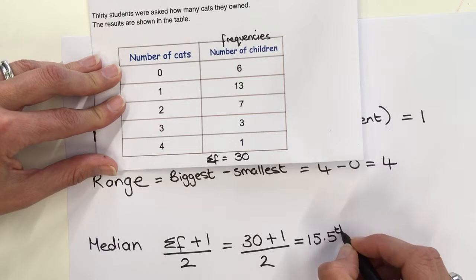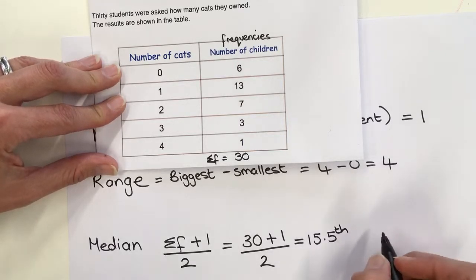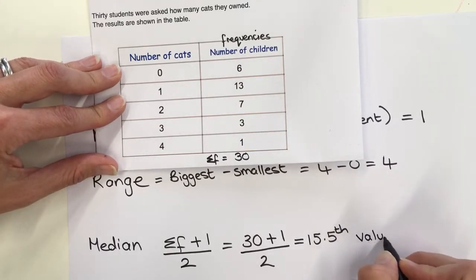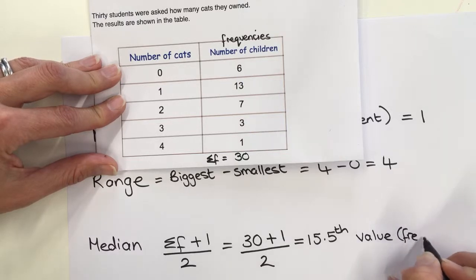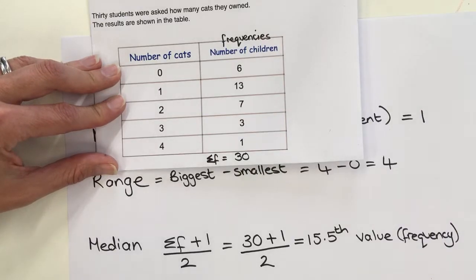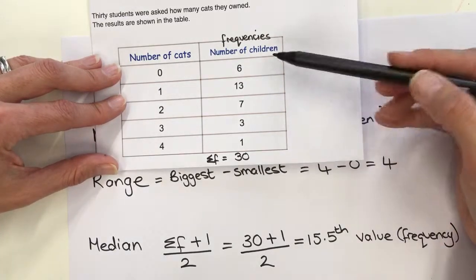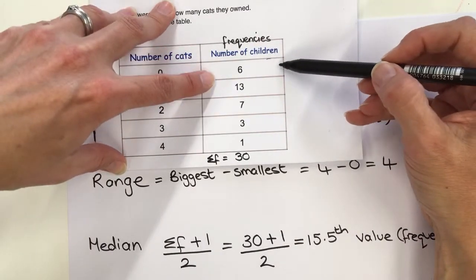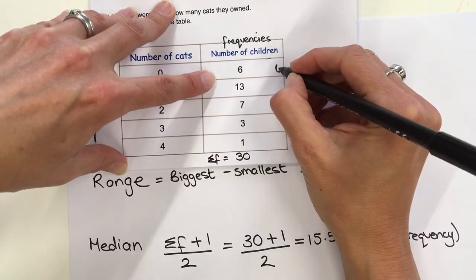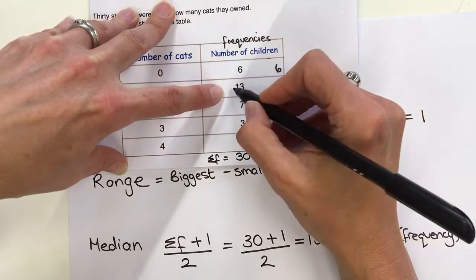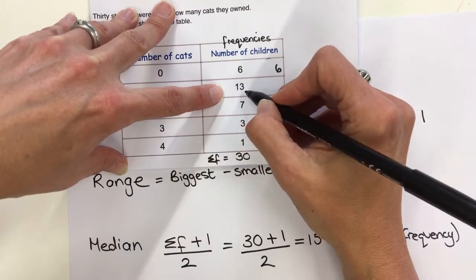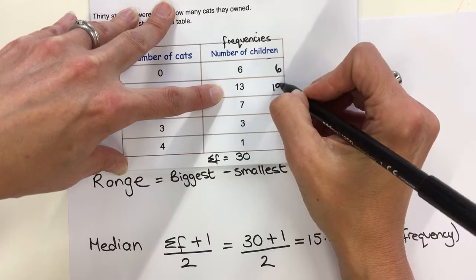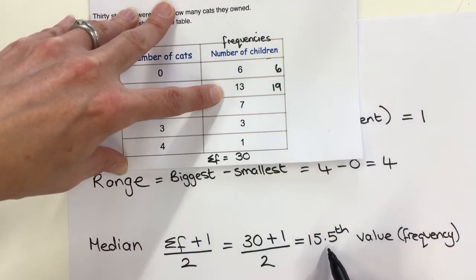So we need the 15.5th value. The way that we find that is that we go down our table. If we accumulate the frequencies, the first 6 are here, and then if we go to the next one, we're adding 13 on to 6, which is 19. So we've already gone past the 15.5th value.